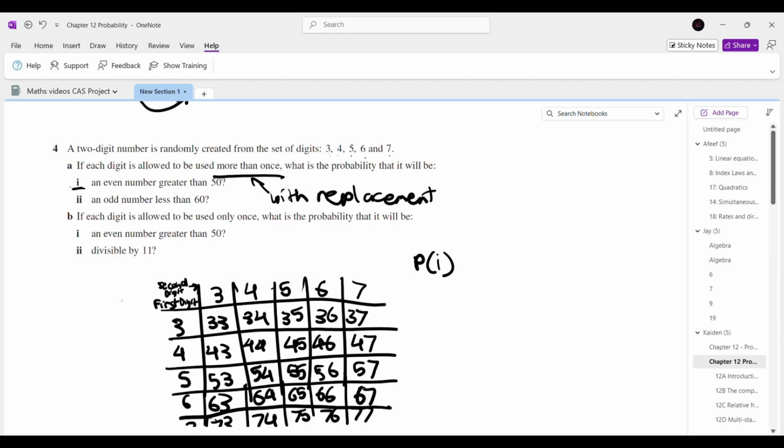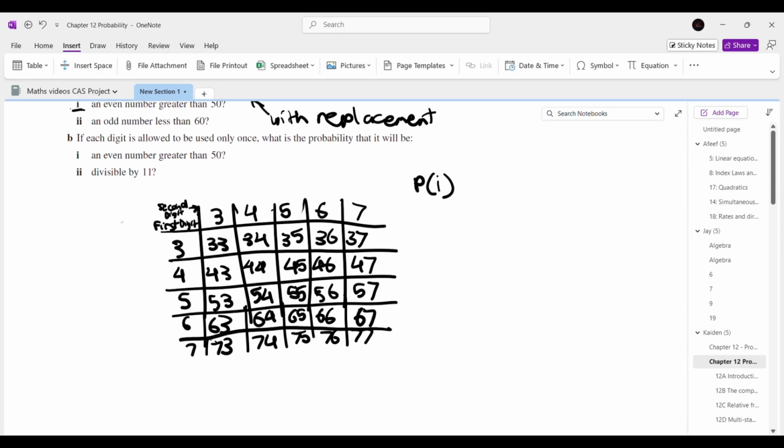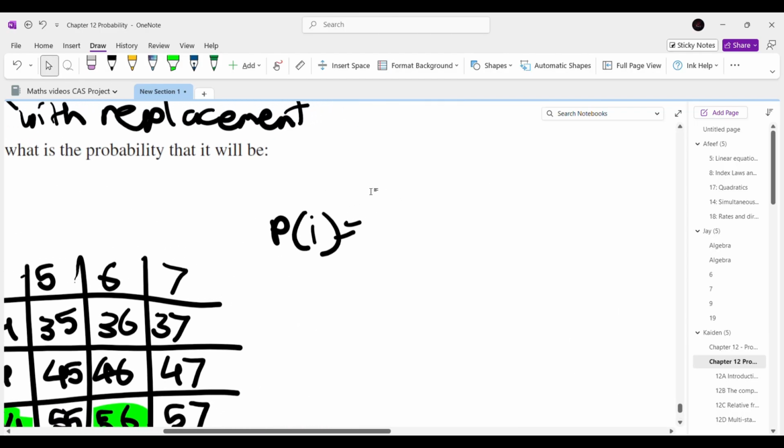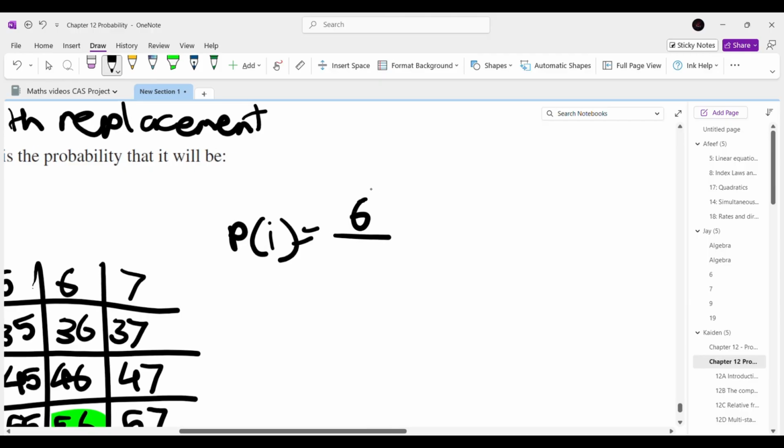Probability that an even number is greater than 50. So our even numbers greater than 50 are just these and these. So we have 6 possible outcomes, which are greater than 50 and even, over our 25 possible outcomes.